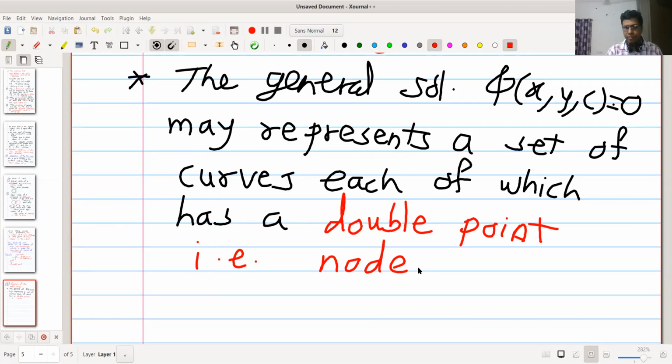In some cases we may have solution curves which have a node. If we change the value of c, then the position of the node will change, but the node will be there. If we trace a curve which is formed using such nodal points, then it is called the nodal locus.